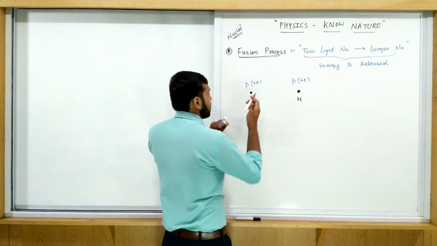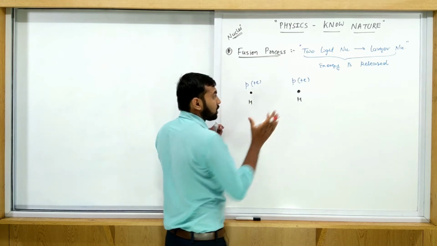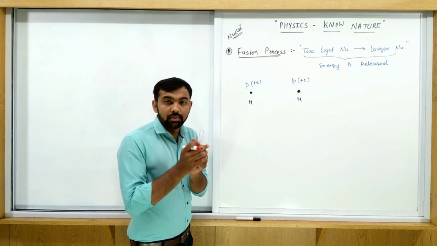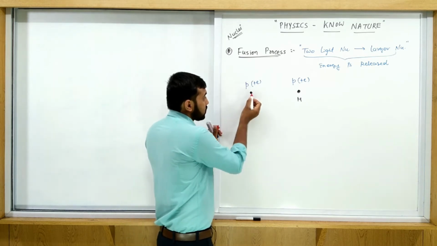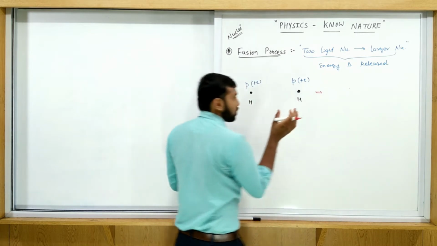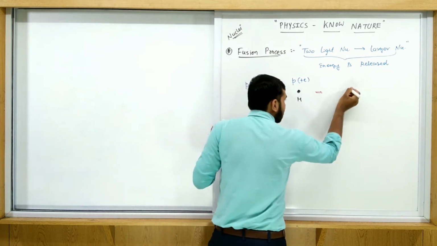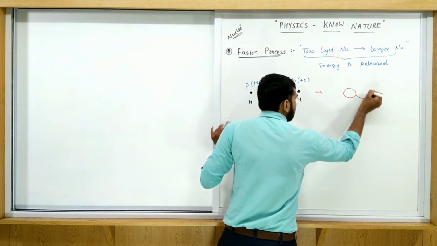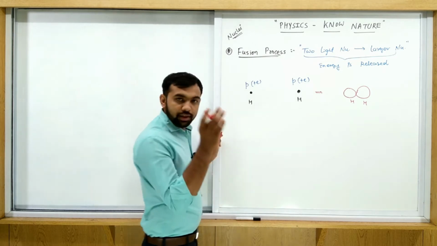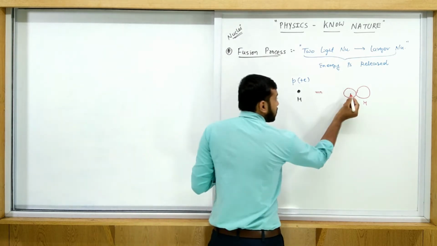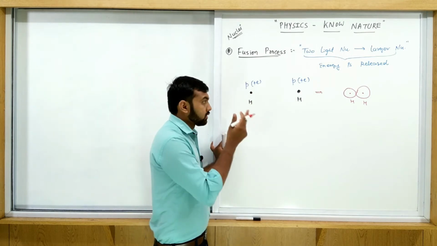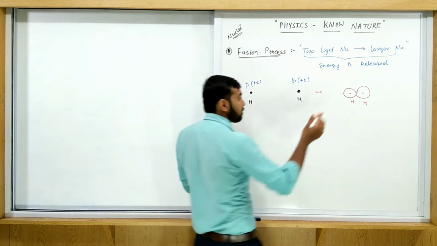What is the problem? When these two nuclei come in contact like this, what happens? I am drawing a bigger figure. Let's say this is a hydrogen nucleus and that is also hydrogen. When these both combine, there is a responsible force for this combination, and that is the nuclear force.